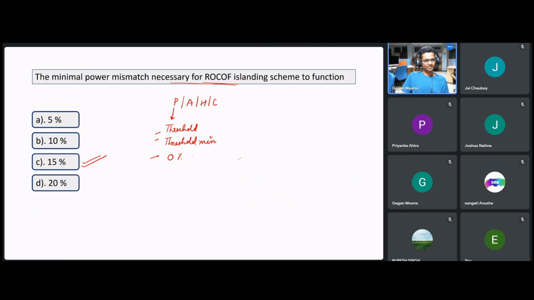If there is a zero mismatch, then these techniques fail to operate, because there will not be any change in voltage, frequency, or other parameters that we measure. Because this will only change when there is a change in either delta P or delta Q. So this is the minimum threshold we require.